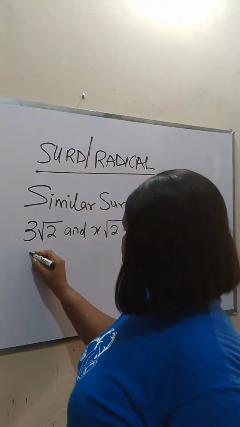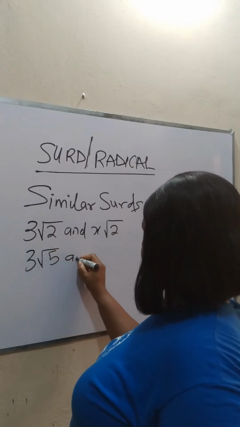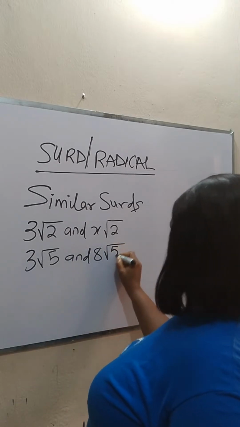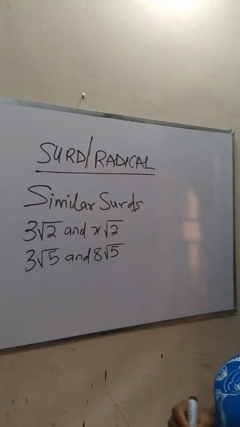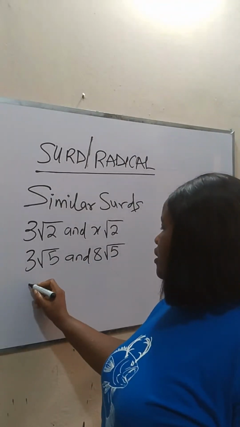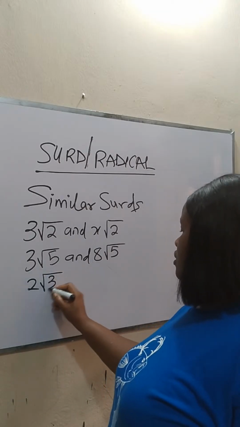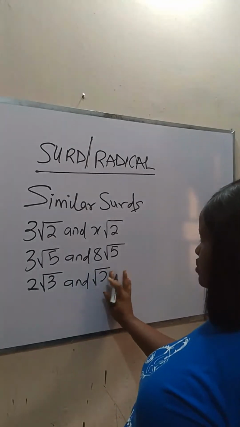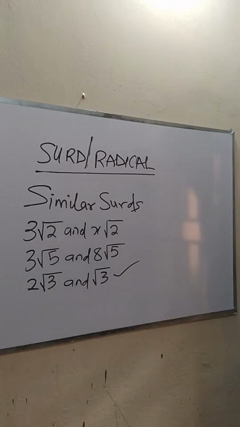We have 3 root 5 and 8 root 5. They are similar, because we are concentrating on this. Also 2 root 3 and root 2 and root 3, they are similar.